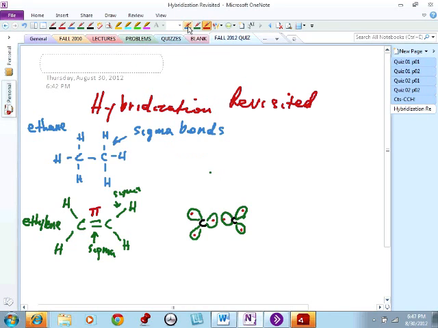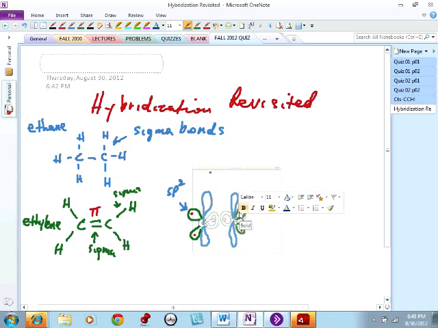Each one of those carbon atoms now has a p orbital. Keep in mind the p orbital is perpendicular to the sp2 hybridized orbitals. These are the sp2 hybridized orbitals. The same thing here, this carbon has an sp2 hybridized orbital.